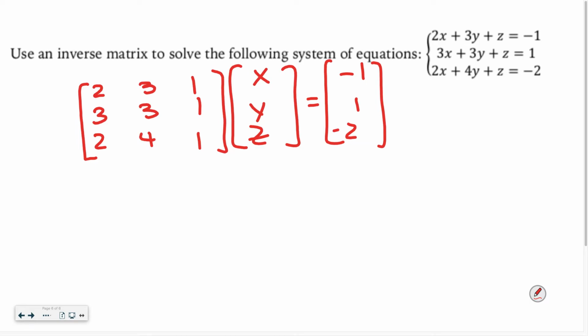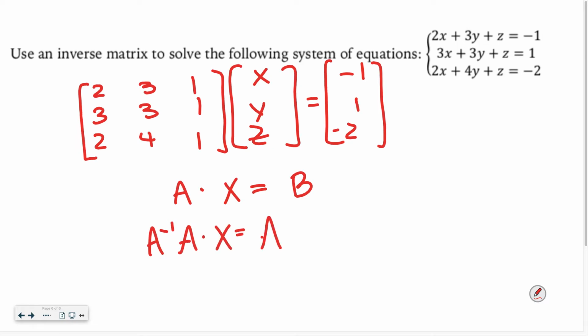Now, this is a matrix equation, and we would have to solve it just like we did earlier. However, instead of dividing by A, we have to multiply by A inverse on both sides so that we can get A inverse and A to cancel out.